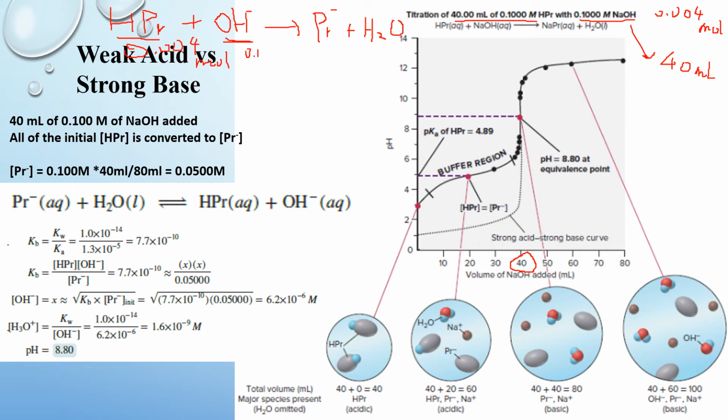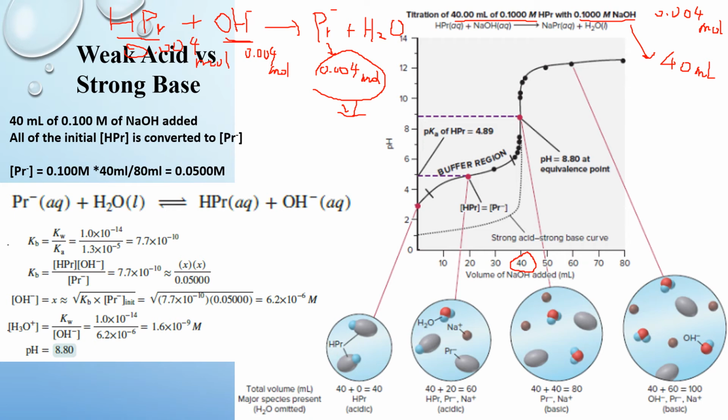In this case, the number of moles of sodium hydroxide is also 0.004 moles, which also means that the amount of the conjugate base is also 0.004 moles, because they have the same coefficient. Everything has a coefficient of 1. We can then convert this number of moles into concentration.